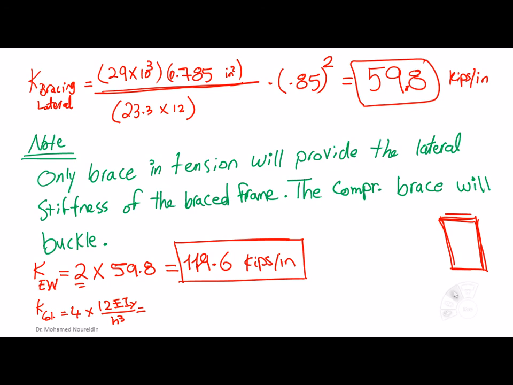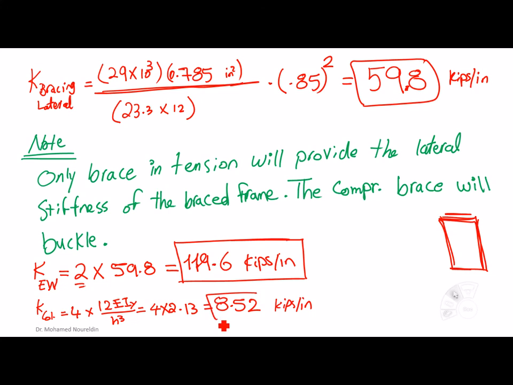In this case, you're going to find that we multiply 4 times almost 2.13 for 1 column in the weak direction, and the total is going to be 8.52, which is also in kips per inch.